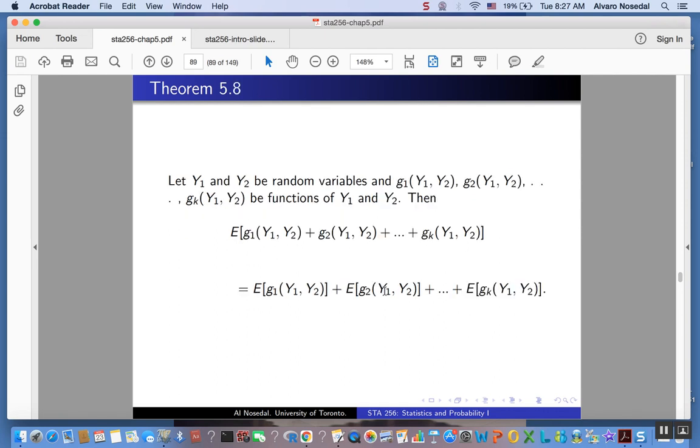Remember that theorem? The expected value of a sum is the sum of expected values. Again, it holds for the bivariate case, for the multivariate case anyway. And again, the proof would rely on the linearity of integrals.